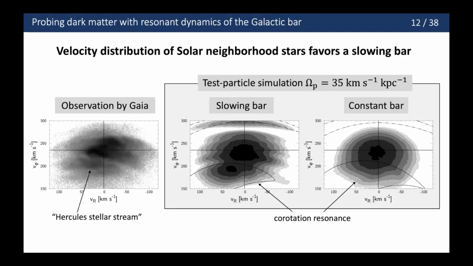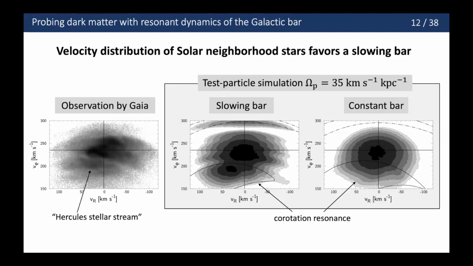Now I'm comparing two simulations: in this plot I made the bar slow down, and in contrast here I had a bar that is just rotating at a constant pattern speed. You can see that even if the current parameters of the bar are exactly the same, whether the bar has been slowing down or not makes a significant difference. In particular, if you look at the stars trapped in the corotation resonance, which is marked by this black curve, you can see that if the bar has been slowing down, then the corotation resonance would have existed initially in the inner disk, where the phase space density is higher.